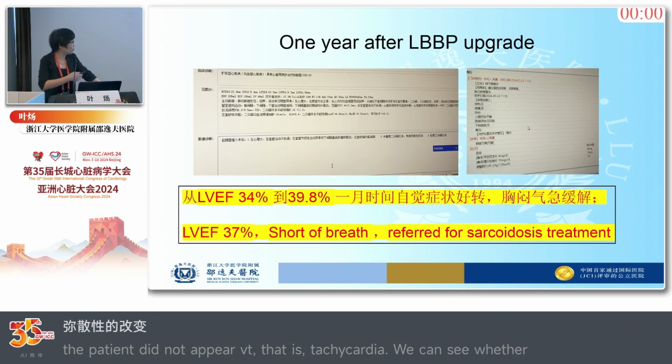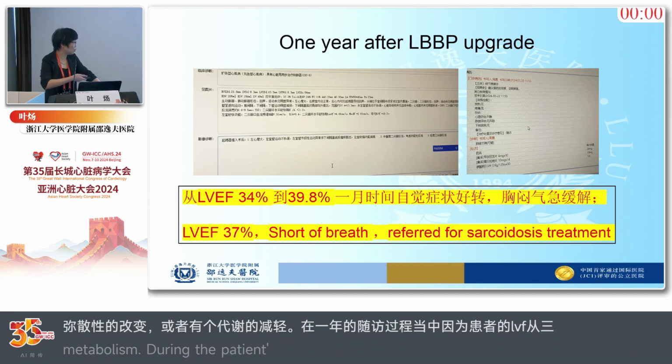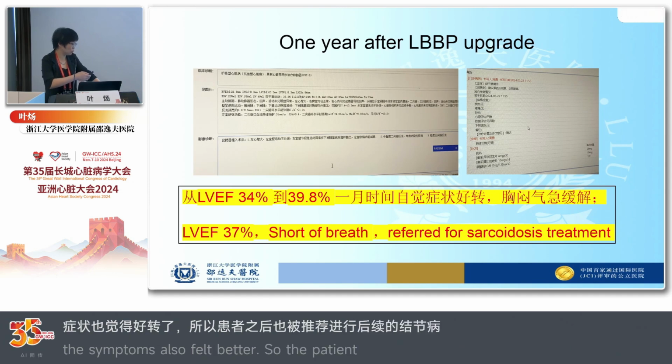During 1 year, the patient's LVEF went from 34 to 38, and then she had shortness of breath again. So then she wanted the sarcoidosis treatment. At the beginning, she refused, and later, because she had shortness of breath again, we chose it. This patient came to my department 3 months ago.